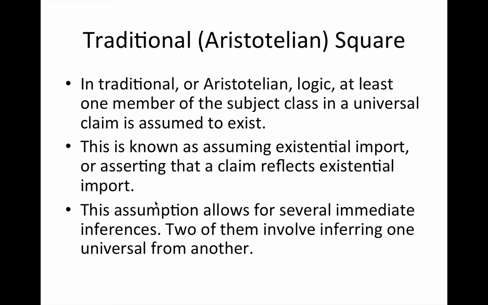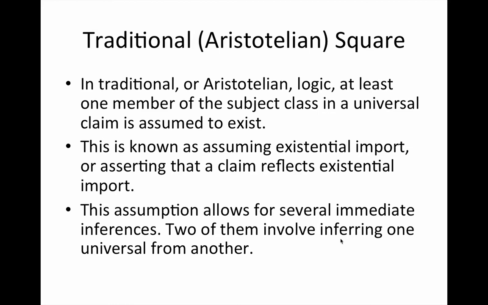In other words, you know that the traditional or Aristotelian interpretation of the universal proposition assumes at least one member of the subject class. Lastly, I'm going to assume that you are familiar with the Venn diagramming method of providing a visual presentation of a proposition's logical structure.